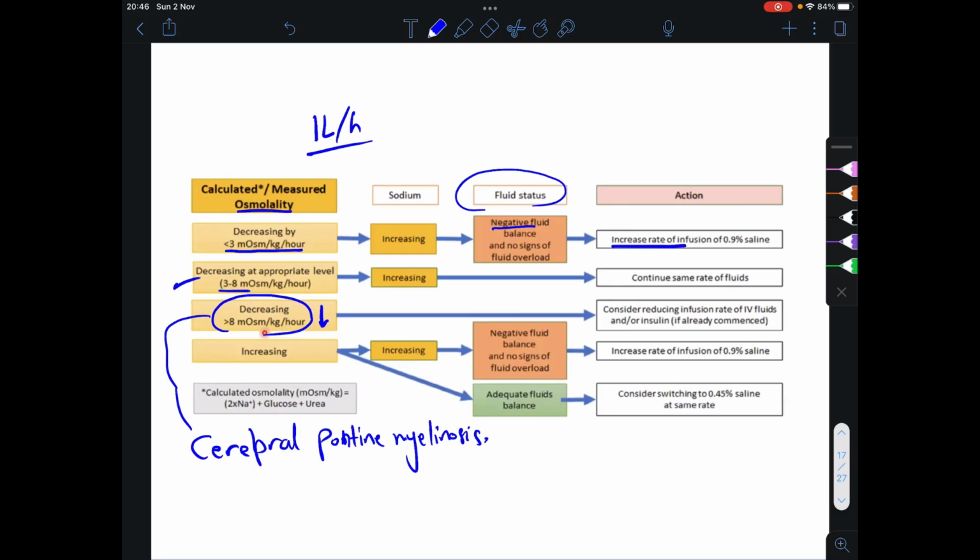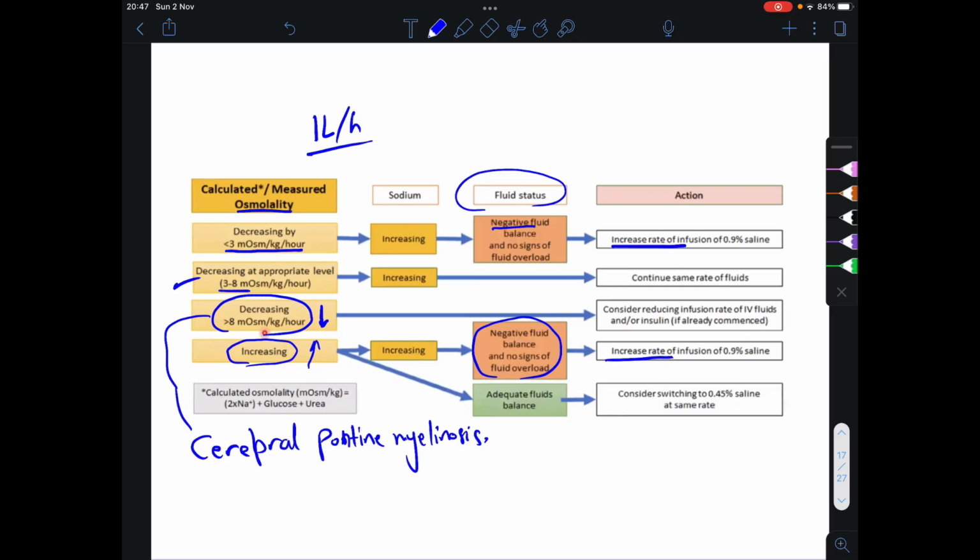If you give fluids and you see that after you've given the 0.9% normal saline there is an increasing osmolality rather than a decreasing one, and the patient is still dehydrated, you increase the rate of infusion of the fluid.